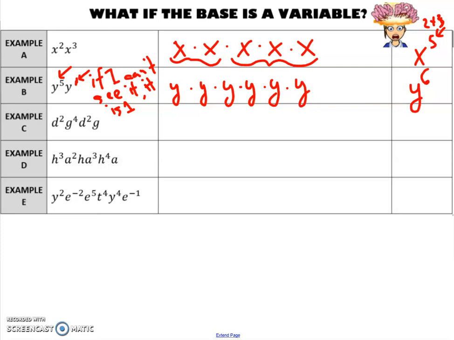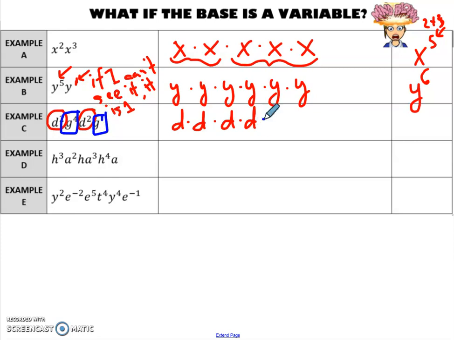Okay, let's look at the next one. Sometimes it might get a little confusing, but we're going to do expansion one more time and then jump into the shorter way, using the rule. Now we have d and g, so I'm going to circle the like terms. Let's do d's first. I have d squared, so d times d, and then d squared again, so d times d. Then I have g to the fourth, and remember, if I don't see an exponent, it's 1.